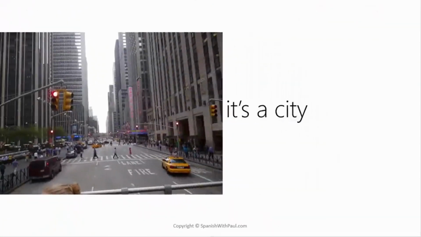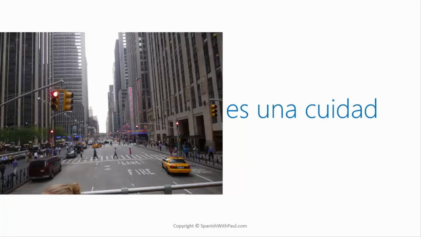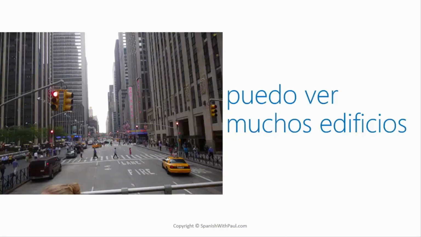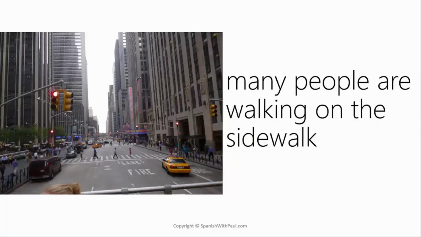First of all, how would you say it's a city? Es una ciudad. I can see lots of buildings. Puedo ver muchos edificios. Many people are walking on the sidewalk.